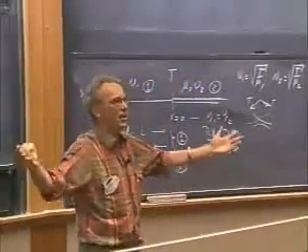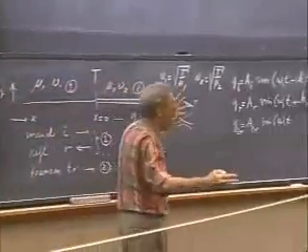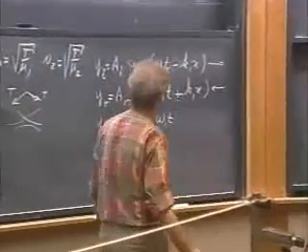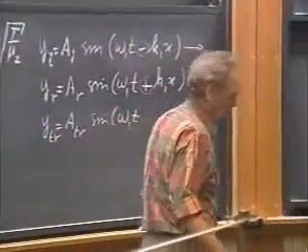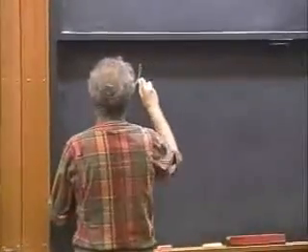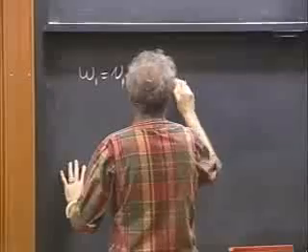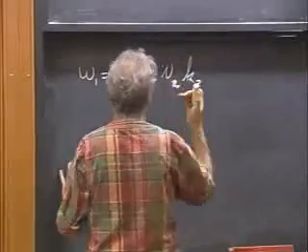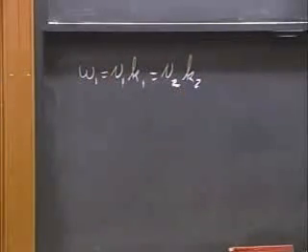So omega is a given. You can't say omega is different on the right side than it is on the left side. In other words, omega is V1 times K1, but that is also V2 times K2. It's the same omega. And so I get here minus K2 times X.